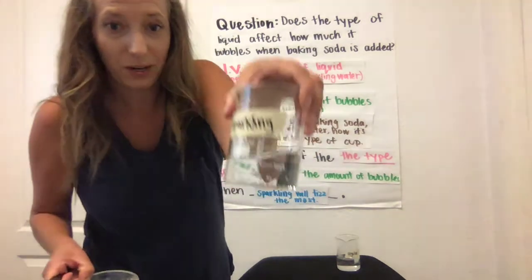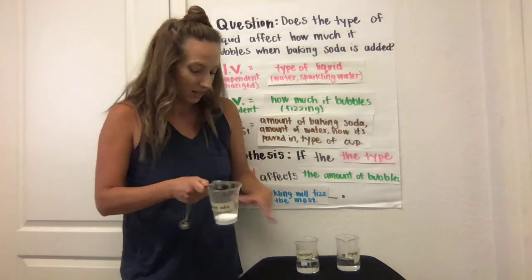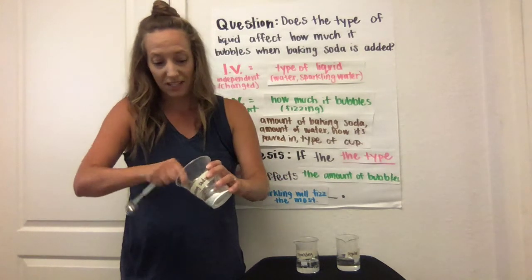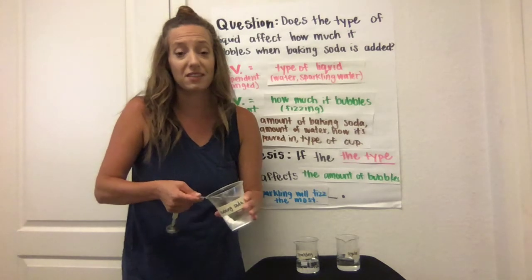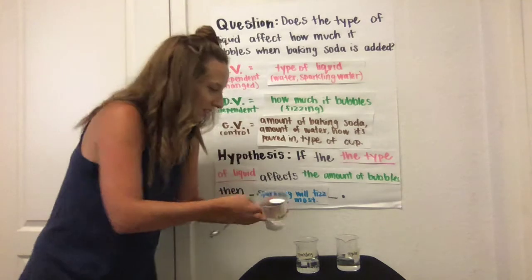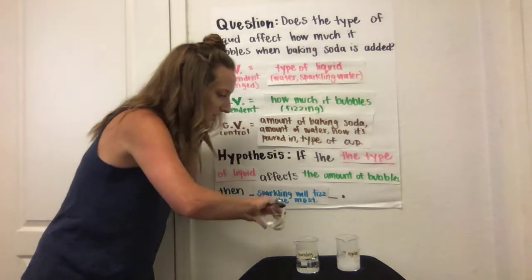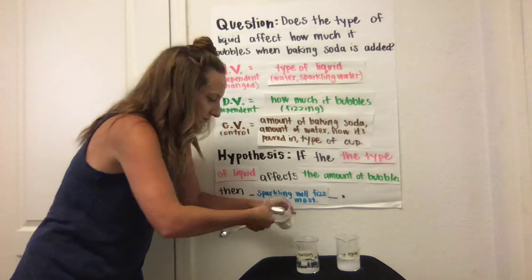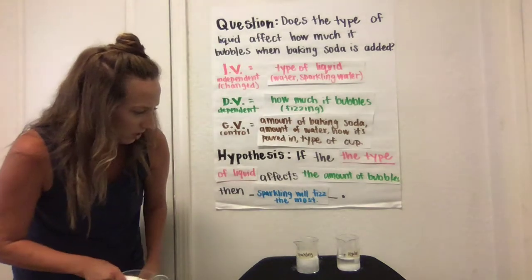And then I have sparkling water on the right side. And I'm going to put a tablespoon in each, and I'm going to try and do this as fast as I can, just to see if my hypothesis is correct. Okay, so it's going into regular water. Versus sparkling water.